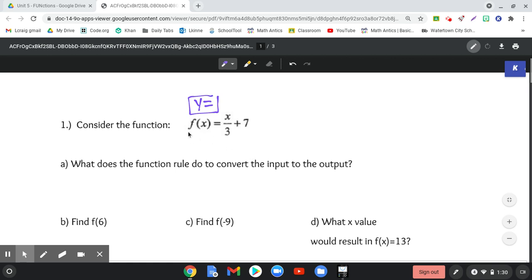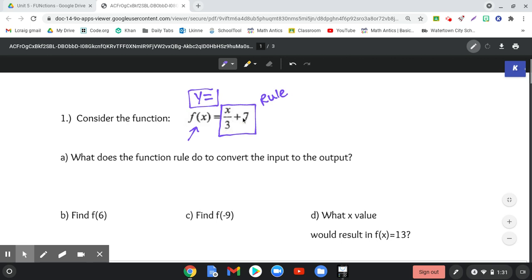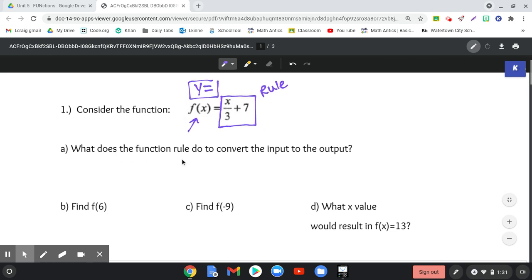Okay, so consider the function rule: f of x equals x over 3 plus 7. So this is our rule. All right, again, this is our y equals. This is our output. So basically, we put a value in for x, and then we compute it to get our y value. So it says, what does the function rule do to convert the input to the output?